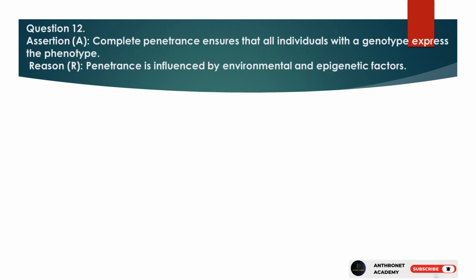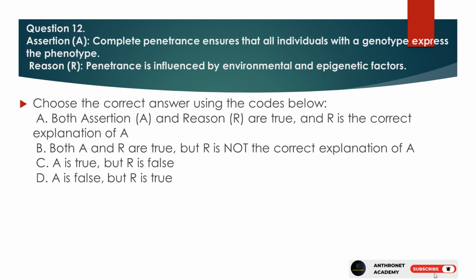Question 12. Assertion A: Complete penetrance ensures that all individuals with a genotype express the phenotype. Reason R: Penetrance is influenced by environmental and epigenetic factors. Choose the correct answer using the codes below.